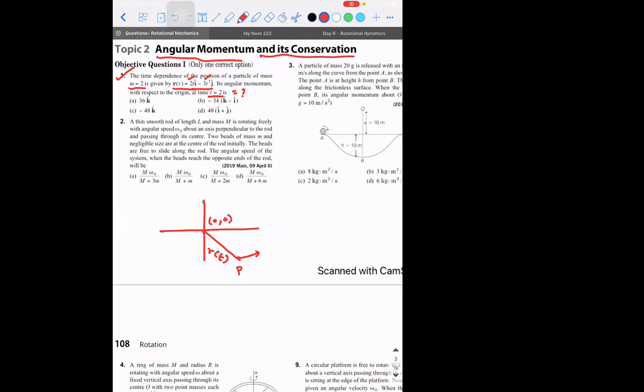See guys, I'm doing all these things only for your understanding. In the exam, you can directly do it. Since mass is given and they are expecting angular momentum with respect to the origin exactly at time 2 seconds, what are all the values I need to find the angular momentum? L is equal to r vector cross p vector.